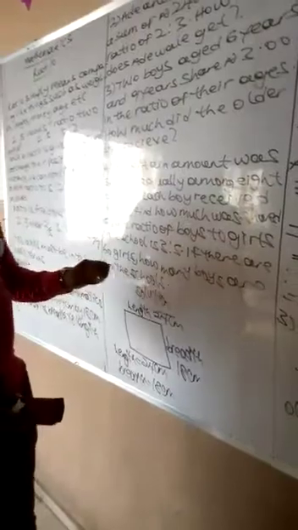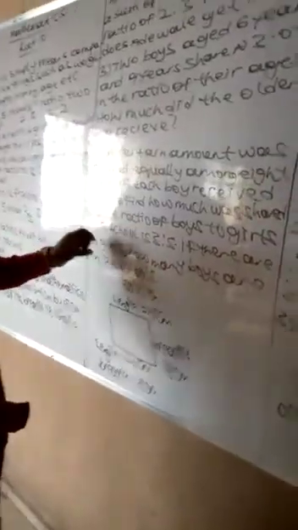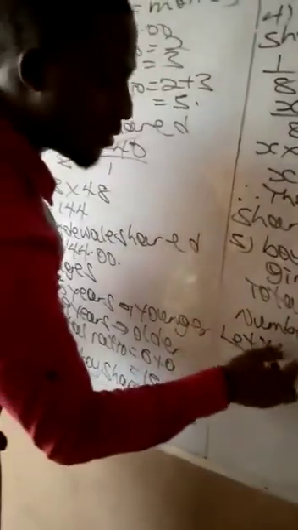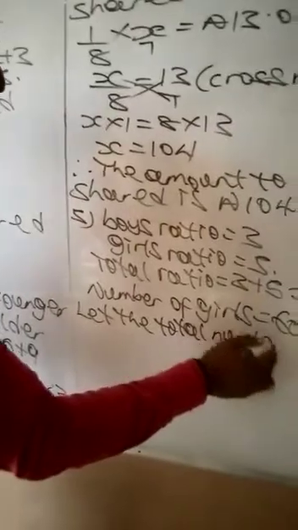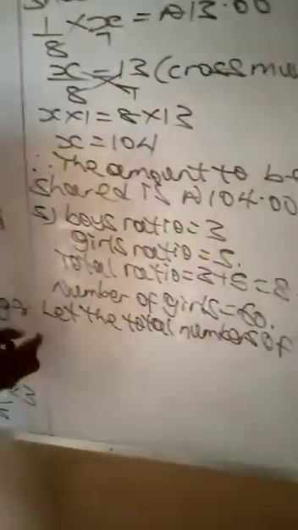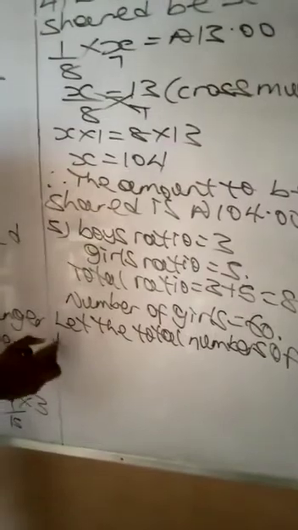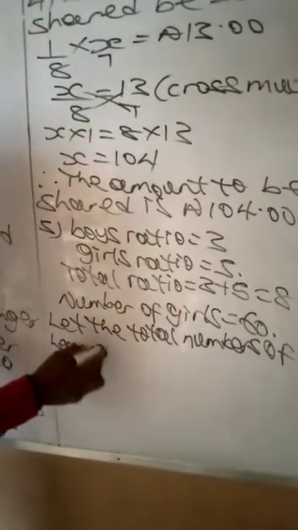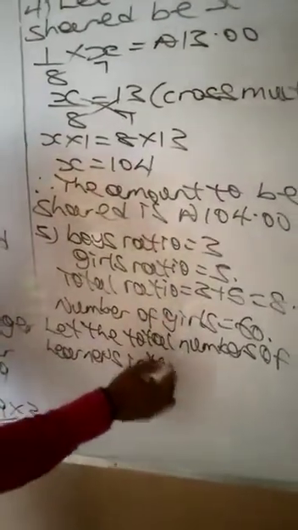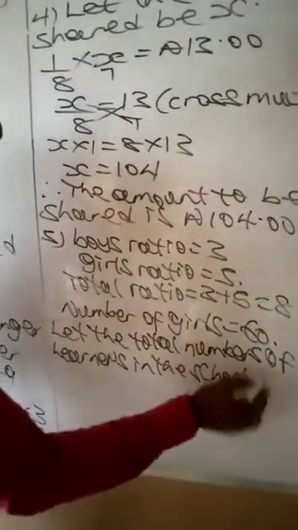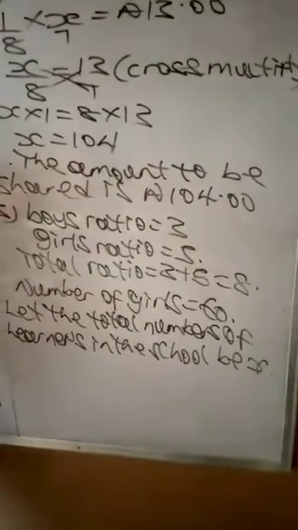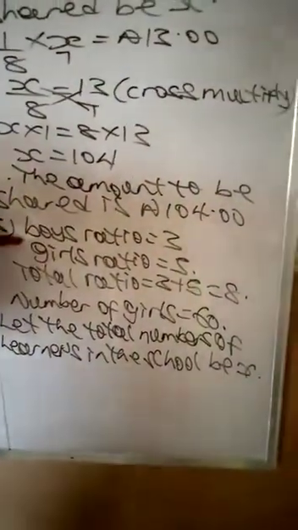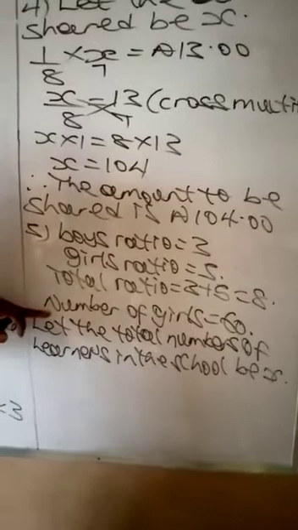So we say let the total number of learners in the school be X. If we want to look for that, we are going to use the girls, because we already know the number of girls in the school.